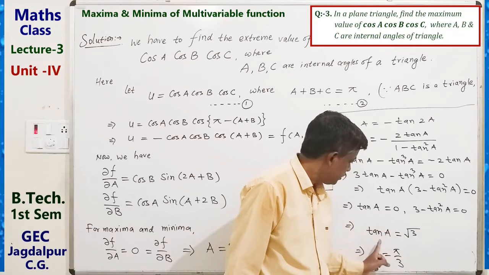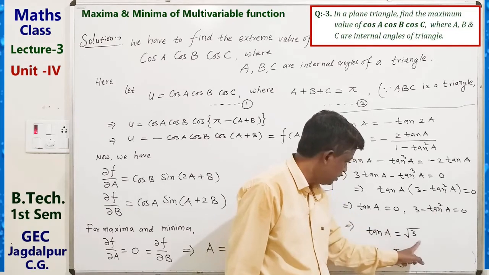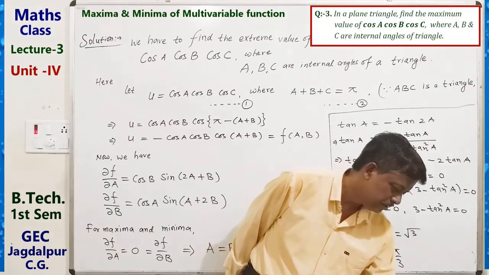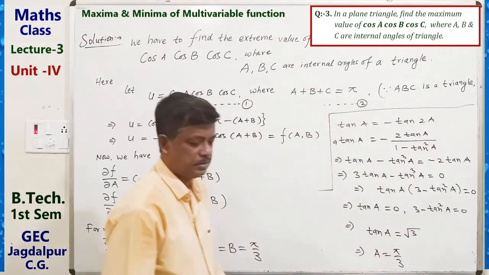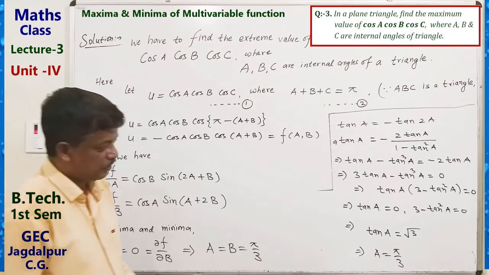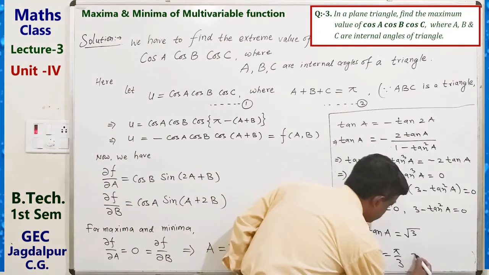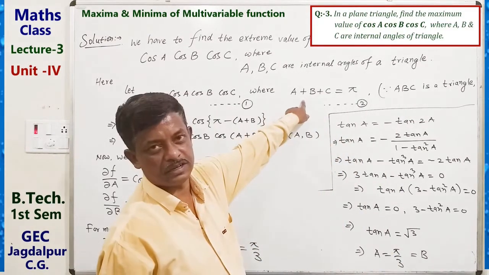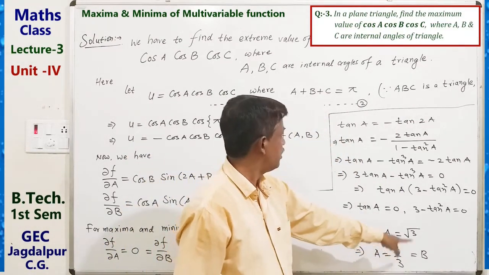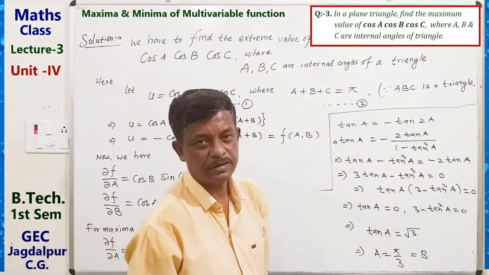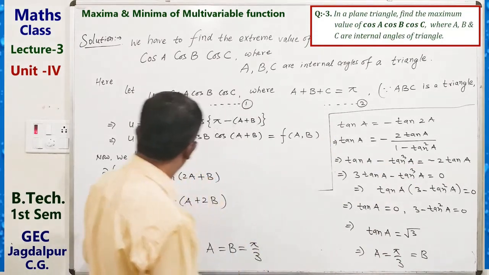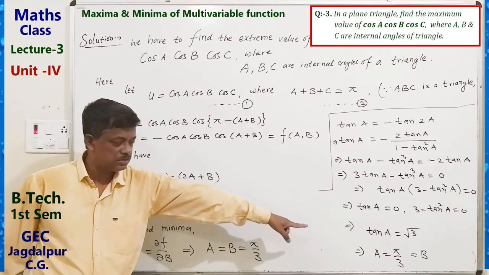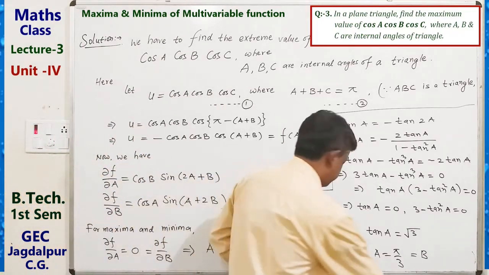Here tan squared a equals 3, so tan a equals root 3, a equals pi by 3. Clear? Now a equals pi by 3 equals b. And also by using this relation, a is pi by 3, b is pi by 3, c is also pi by 3. Okay, so here f is a function of two variables and a stationary point is pi by 3, pi by 3.